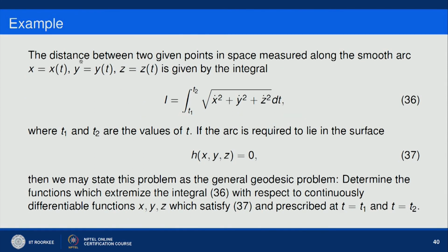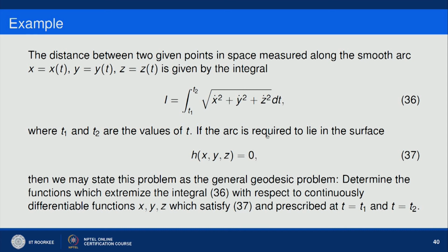The distance between two given points in space measured along the smooth arc x equal to x(t), y equal to y(t), z equal to z(t) is given by this integral, evaluated between t equal to t1 and t equal to t2. This represents the distance between these two points, and the arc is lying on the surface h of x, y, z equal to 0.